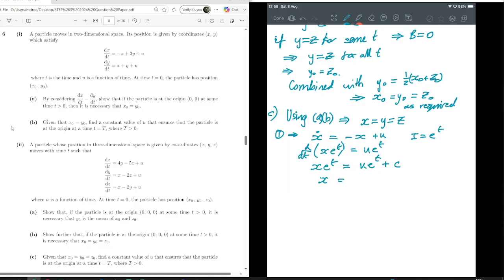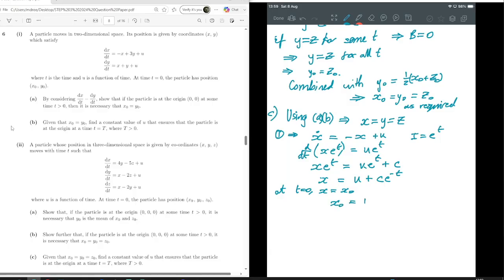So the function x and y and z are all given by the expression u plus c e to the negative t. At t equals 0, x equals x naught.